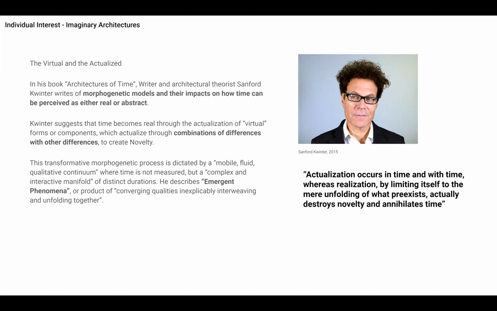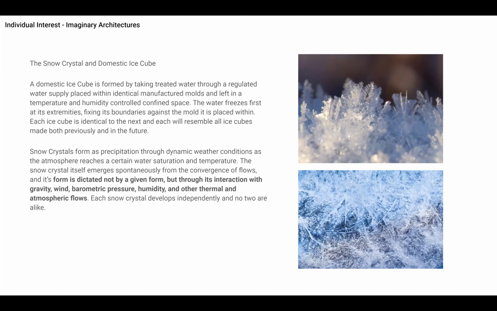If we go to the next slide, the example he uses to show how form is generated by difference and the production of emergent phenomena is the difference between how a domestic ice cube is formed versus a snow crystal formed through the weather.